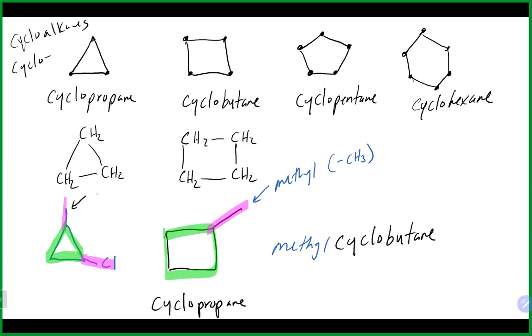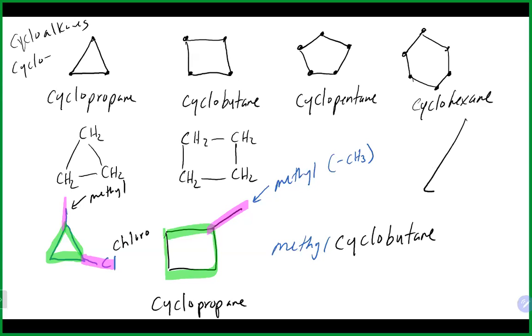Once again, this is a methyl group. This is a chloro group. We do need to put these in alphabetical order, but because this is what is sometimes referred to as being di-substituted, meaning 2 things are attached, we do have to give the numbers. We could go one of 2 ways in terms of the numbering.